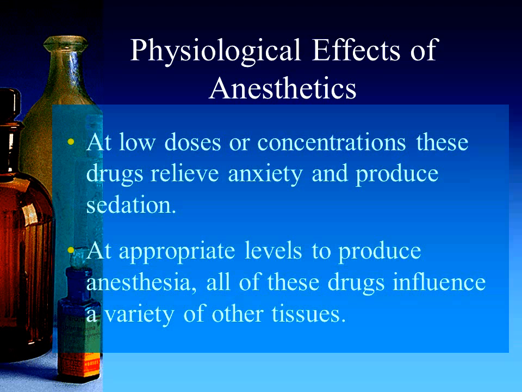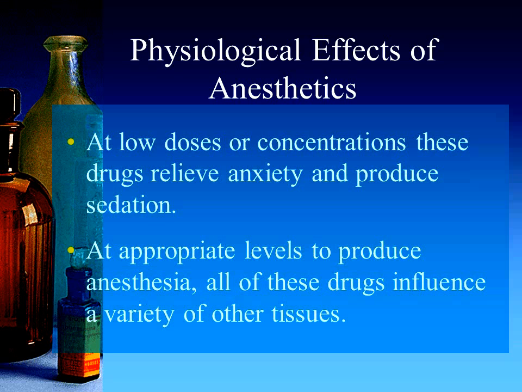So at low doses in the blood, they can relieve anxiety and just produce a slight sedation. So for minor procedures, such as setting a broken arm or doing some superficial suturing, low levels of these anesthetics work really well for short procedures.